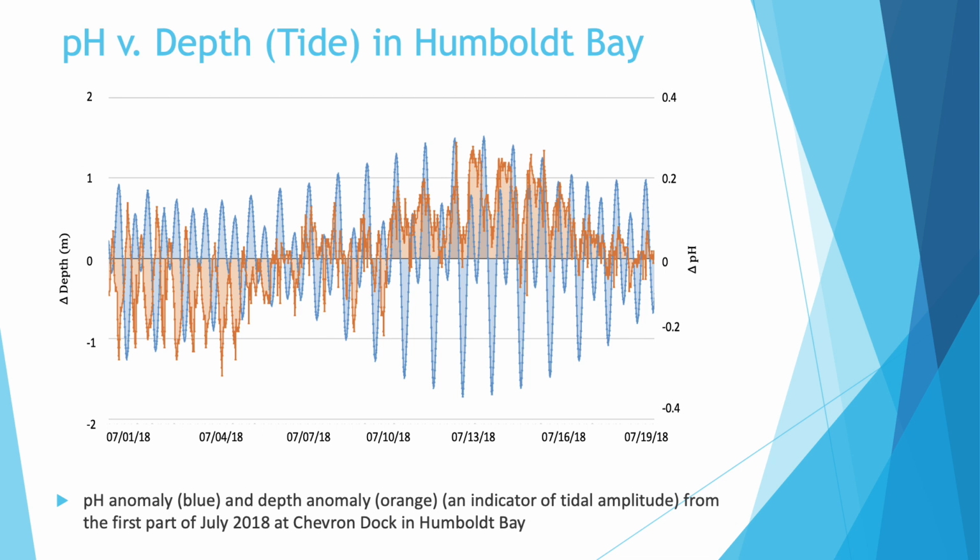However, we see that there are moments where that starts to shift. And so in this longer time period, which is the first 19 days of July, we see a shift. And this shift is showing us that while we usually will see that the tide is bringing in a higher pH water, there are moments where that actually shifts.